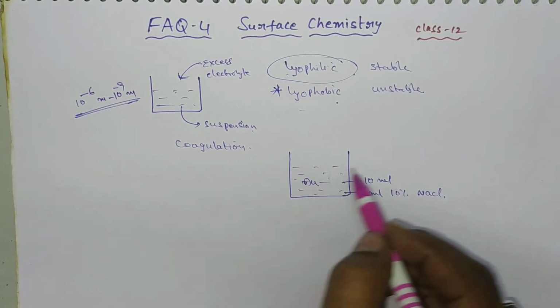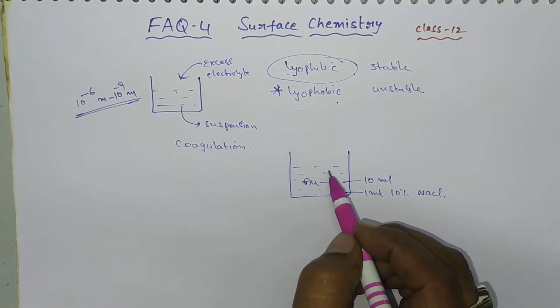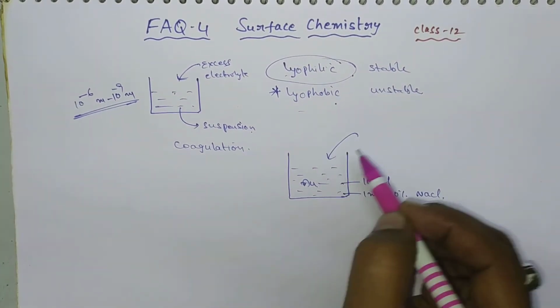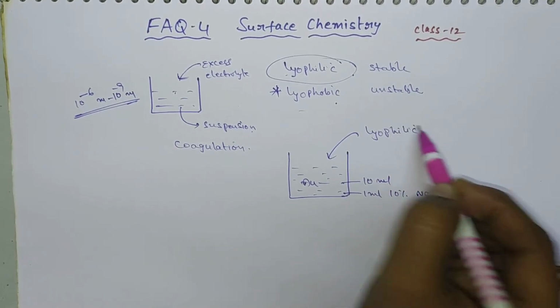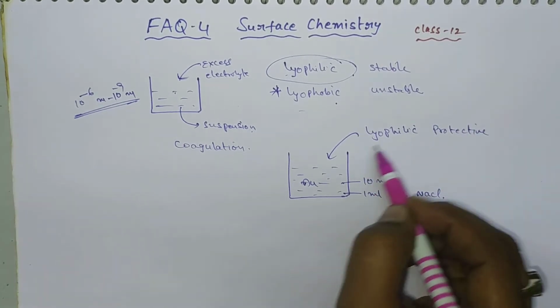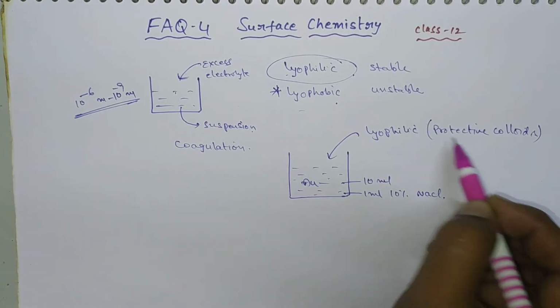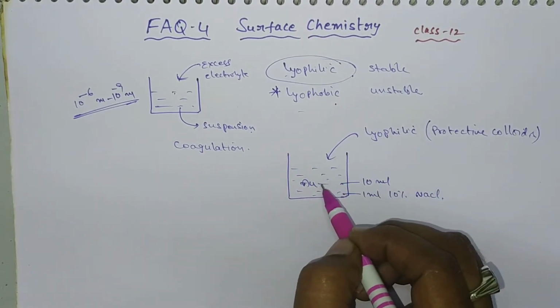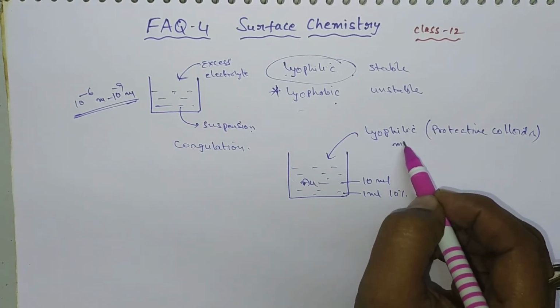Now in order to protect this lyophobic colloid from coagulation, we have to add some amount of lyophilic colloid, that is, protective colloid. The weight of the protective colloid should always be expressed in terms of milligrams.